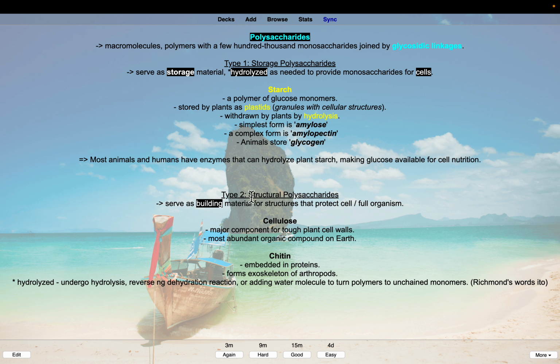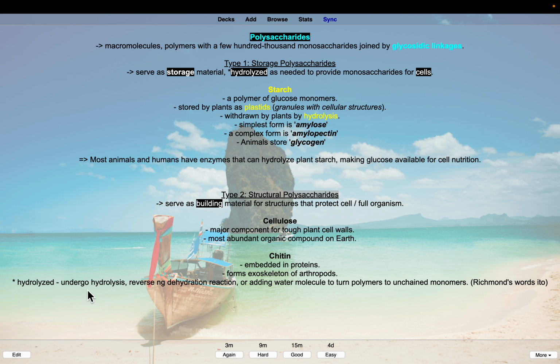Type 2, we have structural polysaccharides. They serve as building material for structures that protect a cell or a full organism. So cellulose is a major component for tough plant cell walls, and it is the most abundant organic compound on Earth. Chitin. This is embedded in proteins. It forms an exoskeleton of arthropods.